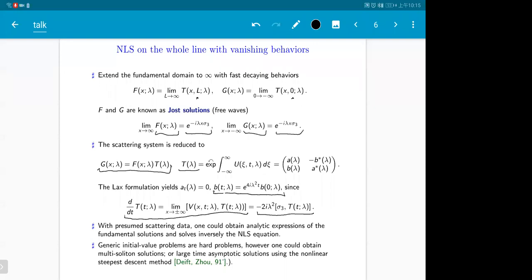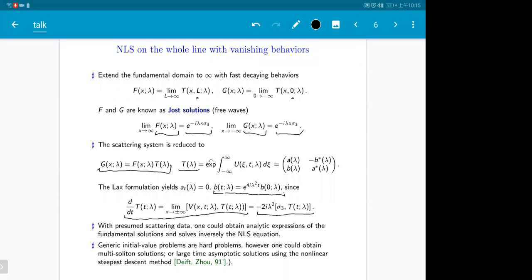With presumed scattering data, we could obtain analytical expressions of the fundamental solutions and inversely give the solution to the NLS equation. In general, the initial value problem for focusing NLS is a very hard problem. But in certain cases, we can obtain, for instance, multi-soliton solutions, or we can use the nonlinear steepest descent method to study the large time asymptotic solutions.